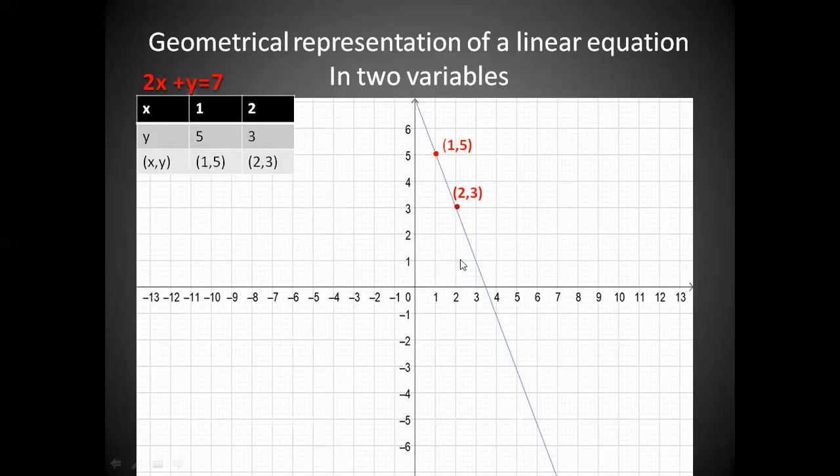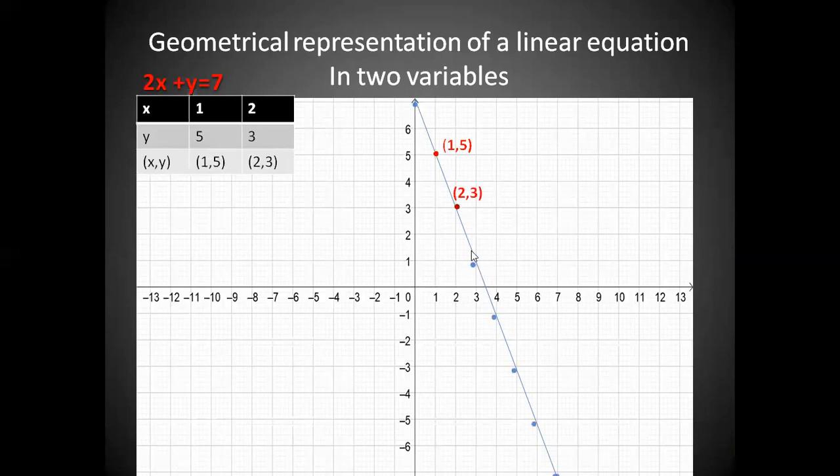See, there are many solutions. There are many points on the line. These are all the solutions of a linear equation in 2 variables. The points which lie on the line are the solutions of the linear equation.